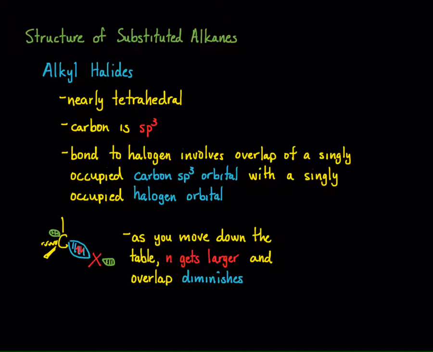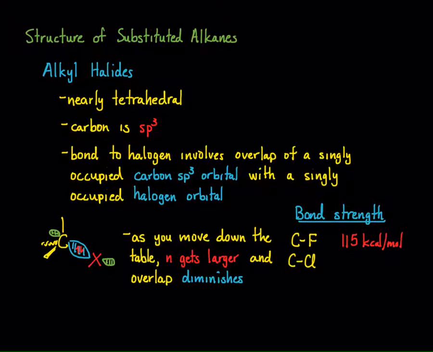It weakens as the difference in n gets larger. So we can look at that relative to bond strength. If we start with the carbon-fluorine bond, carbon and fluorine both have n equals 2, so we would predict the overlap to be very strong. And the bond strength of that carbon-fluorine bond is 115 kilocalories per mole.